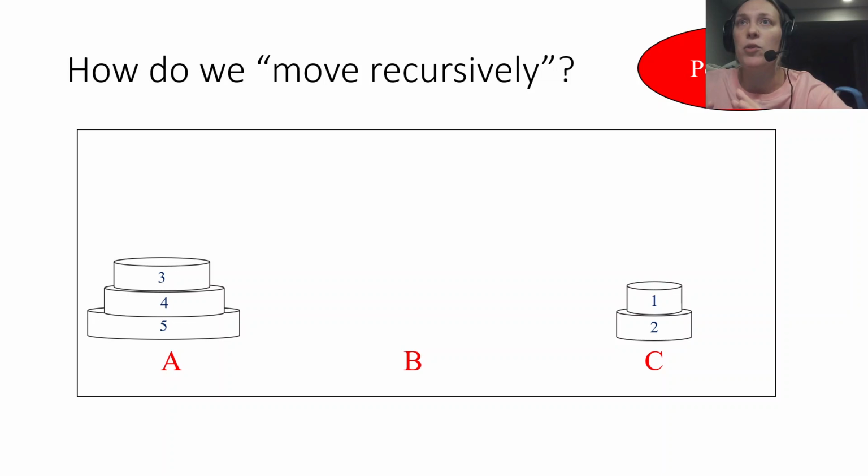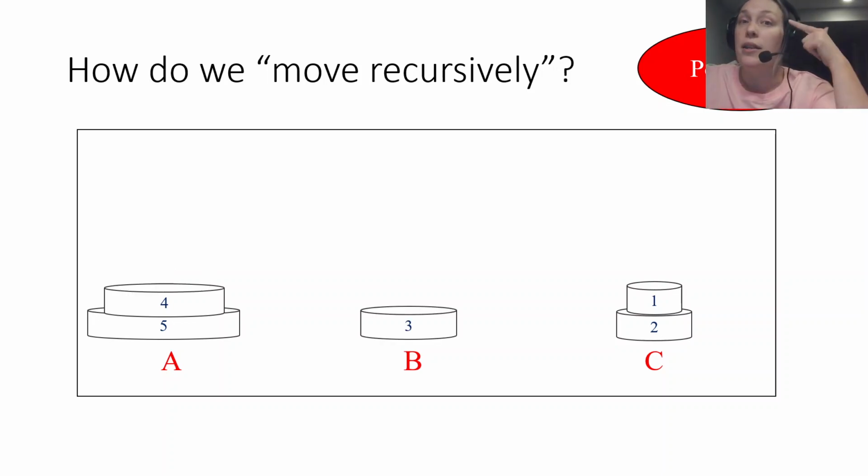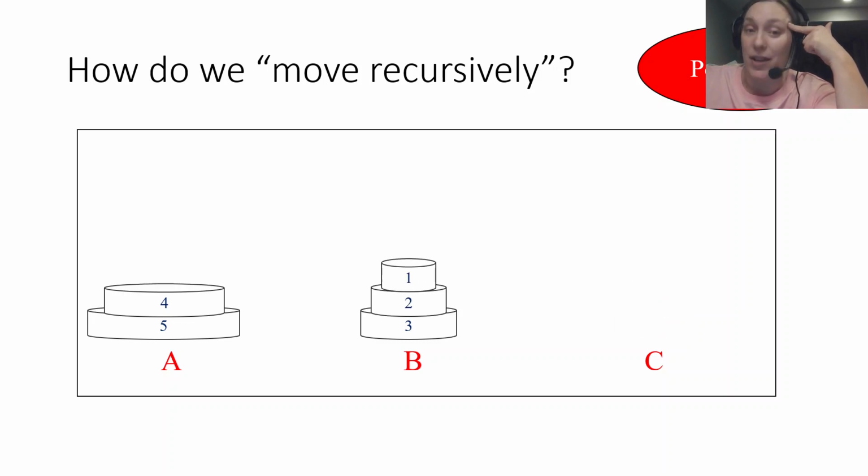That's almost like, not my base case necessarily, but the recursive movement that I do most often. 1, 2, 1. Then I move 3 over. Then I move 1, 2, 1. Then I move 4 over.